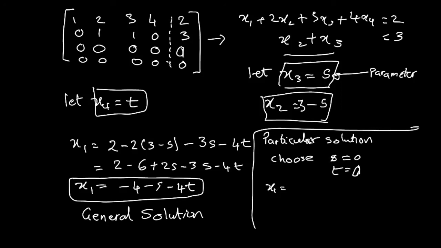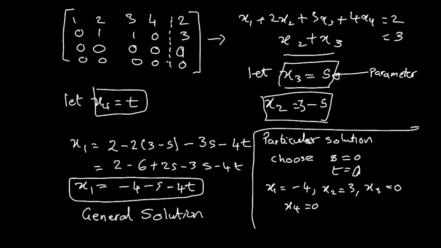If s and t are 0, then x1 is equal to minus 4. x2 is equal to 3. x3 is equal to 0. And x4 is equal to 0. So there you go. That's one particular solution to this system of equations. But as you can see now, I keep choosing the value of s and t.